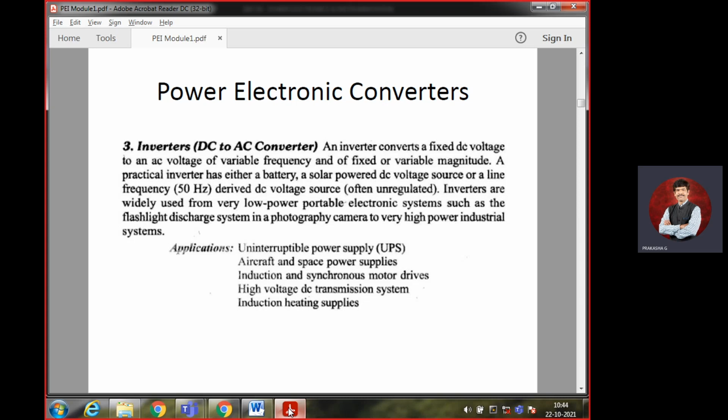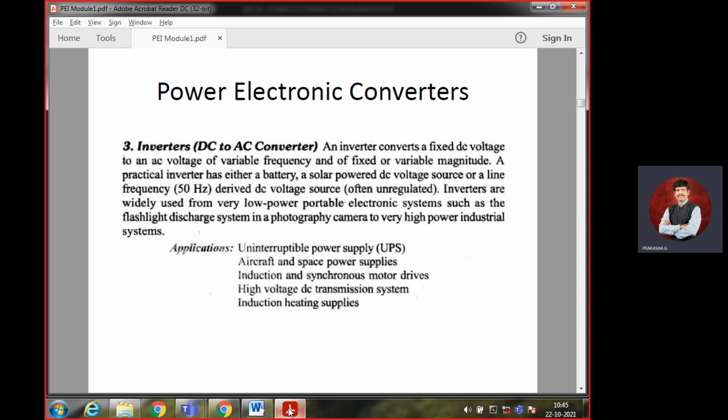That means I will be having a negative voltage across this. Previously it was positive voltage, now it is negative voltage, because the flow of the current is in the opposite direction. This is because V1 and V2 are off, and only V3 and V4 are on.